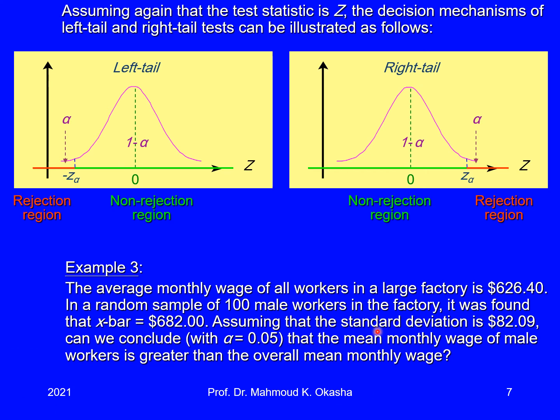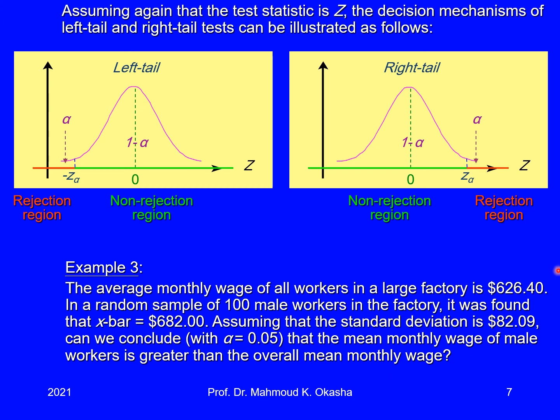Assuming that the standard deviation is $82.09, can we conclude, with significance level alpha equals 0.05, that the mean monthly wage of male workers is greater than the overall mean monthly wage, right?